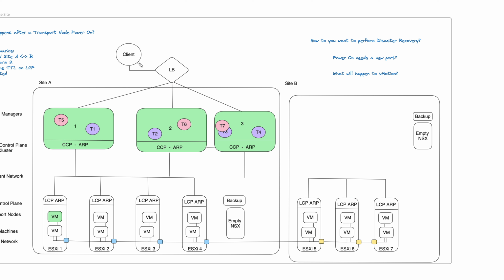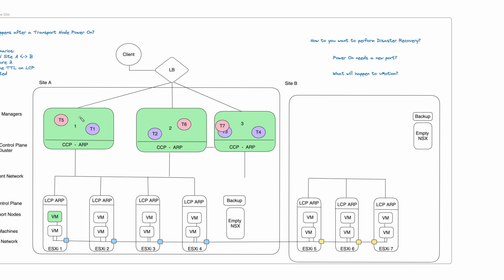And another benefit is that in most companies, they're using something on top of NSX Manager for demanding networks. vRealize Automation, for instance, or another cloud management platform that will ask vCenter and also NSX Manager to put new VMs on a transport node and connect them to a network so the client is able to reach those VMs.